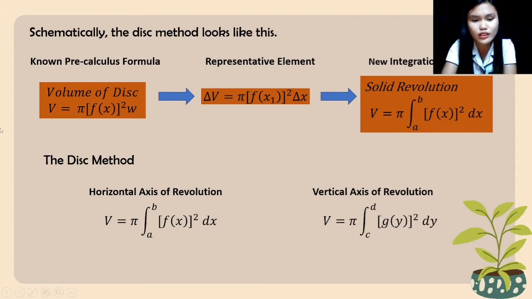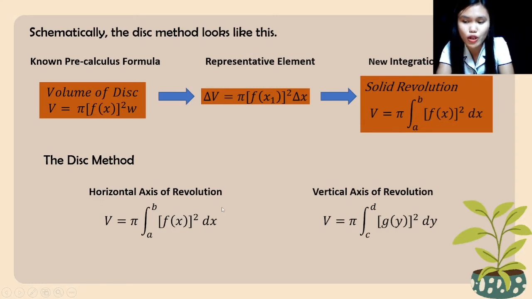If we have a horizontal axis of revolution, then we'll have this formula. We have volume equal to pi integral from a to b, or its given limits here, which are a and b, multiplied by f of x squared dx. So dx, if the rotation of the volume is around the x-axis.